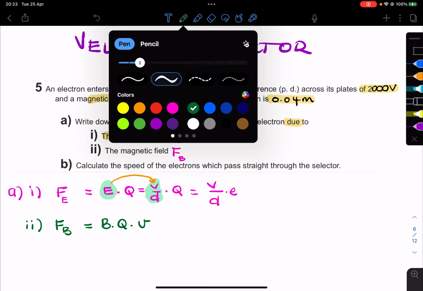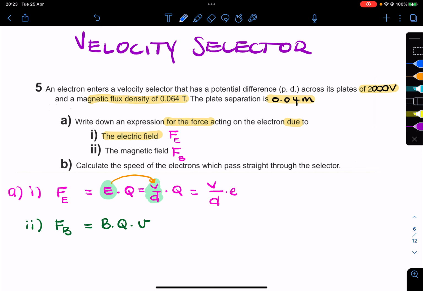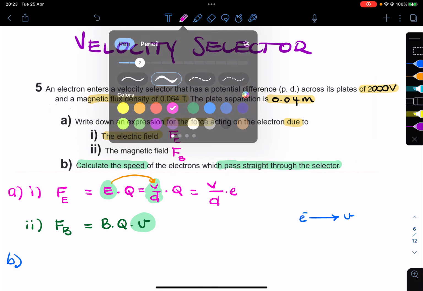For part B, it says calculate the speed, this V, that would allow the electrons to pass straight through the selector. If you remember how a velocity selector works, you have your electron traveling with a velocity V, and there are two forces acting on it.